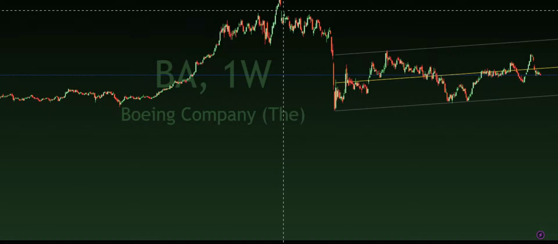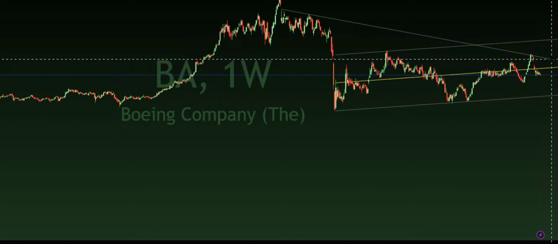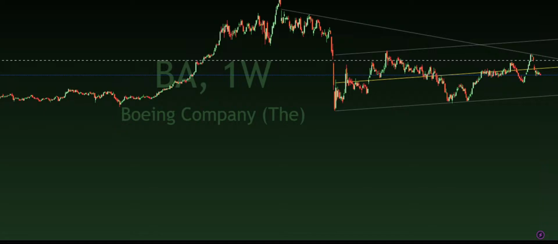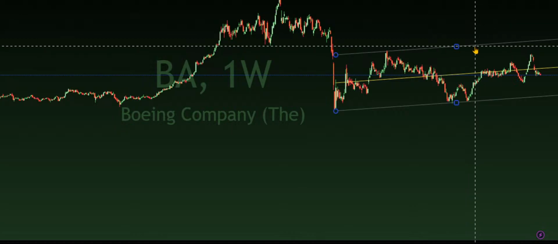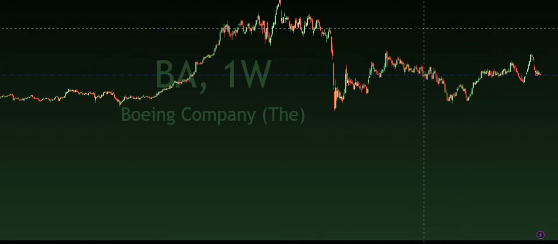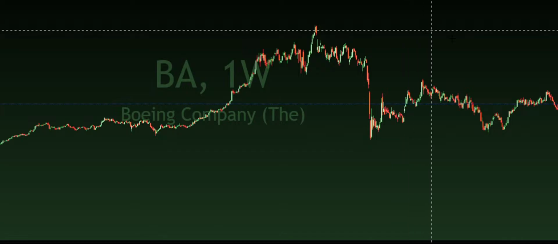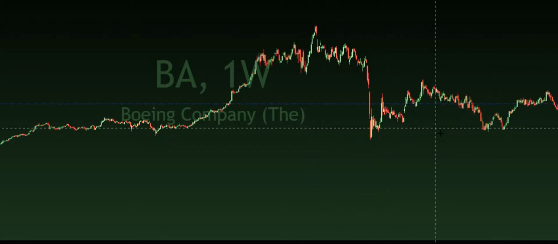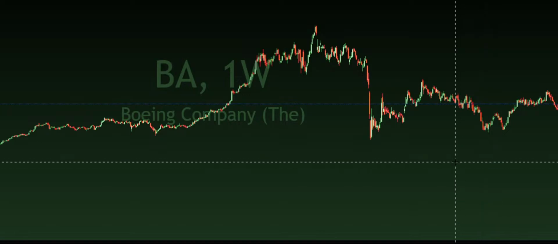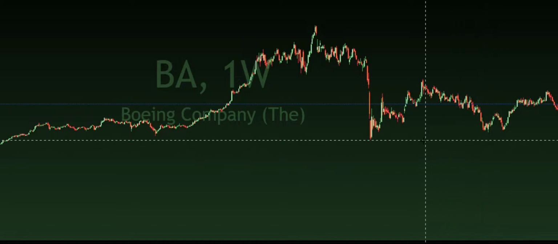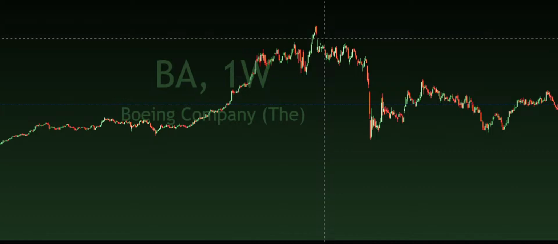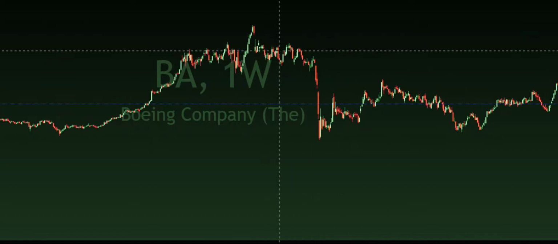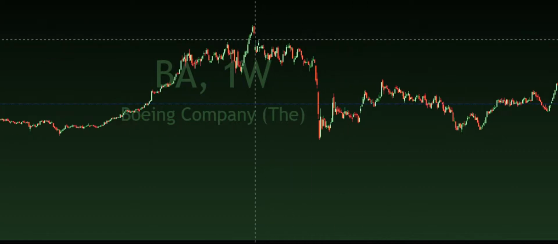This is one that I've had to do some extra work on. This is complicated and not what I'm teaching you right now. But for BA, I can't establish from the top where my channel is. So the only thing I can do is use something structural.